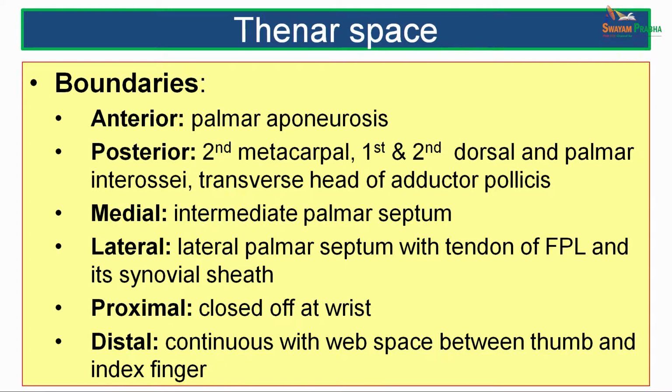Lateral boundary is formed by the lateral septum along with the tendon of the flexor pollicis longus and its synovial sheath. Proximally, this space is closed off at the wrist, and distally it is continuous with the web space between the thumb and the index finger.